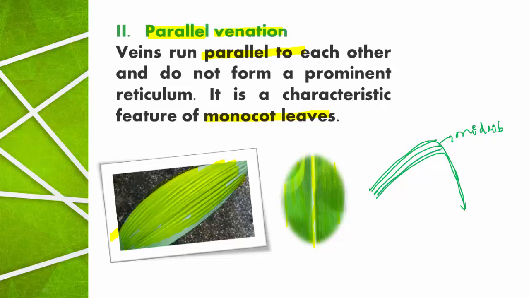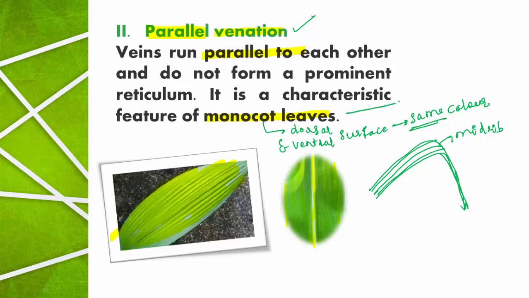They do not produce a network. That is why the type of venation is called parallel venation. One more point: in monocot leaves, both dorsal and ventral surfaces have the same color. There is no difference in the color of the dorsal and ventral surfaces.